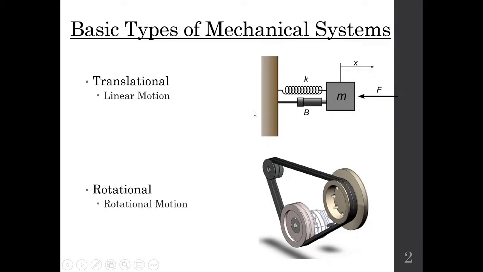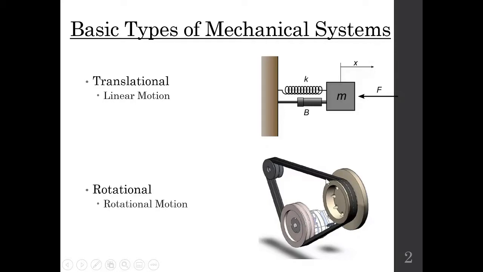As you can see in this picture, we have a mass which is attached to a spring and a dashpot. So if you apply a force on this mass, it will exhibit a to and fro motion in the horizontal way. Similarly, rotational mechanical systems exhibit a rotational motion whenever you apply some kind of force on these systems.